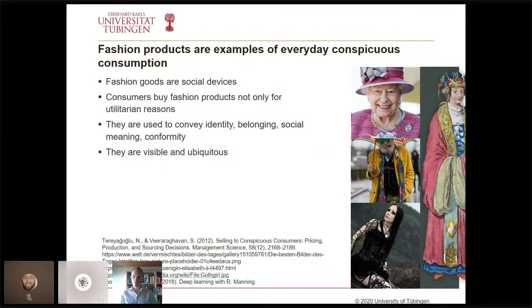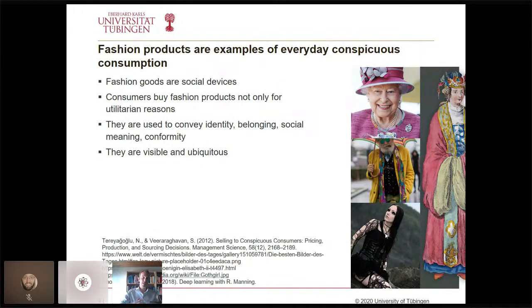And we know from private experiences, we know it from research that people do not solely buy fashion products for utilitarian reasons, for the reasons of what they can achieve when we wear it. For example, it keeps us warm, or it covers certain parts of our bodies.